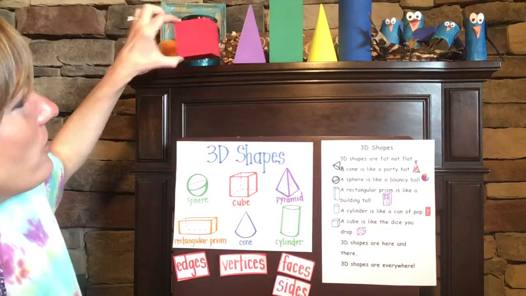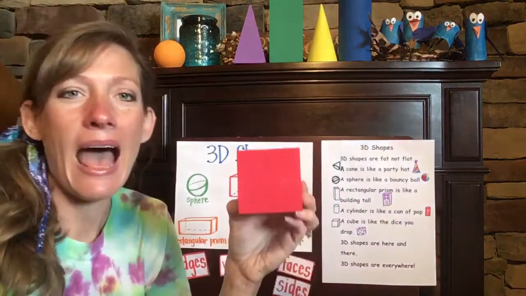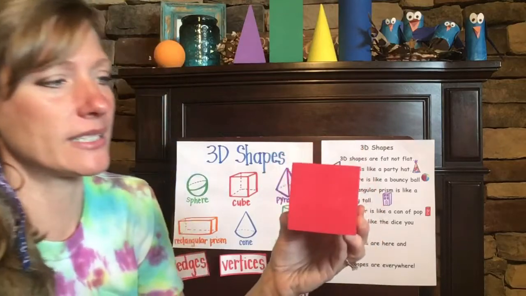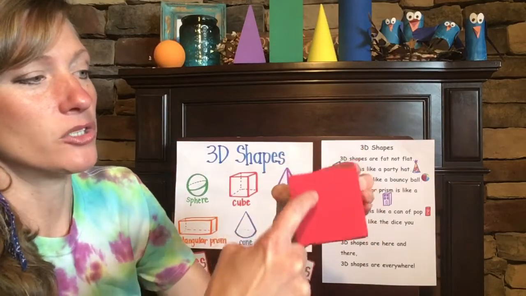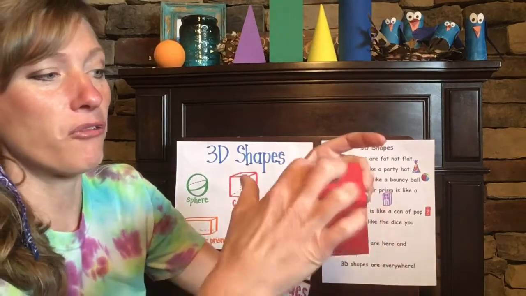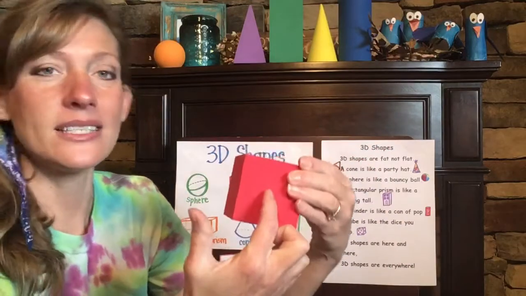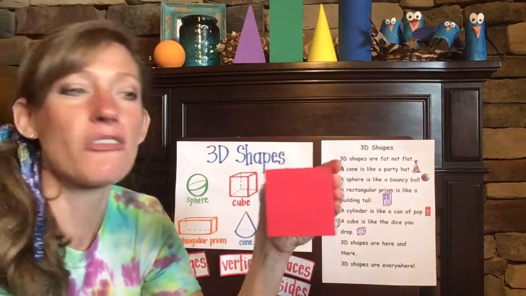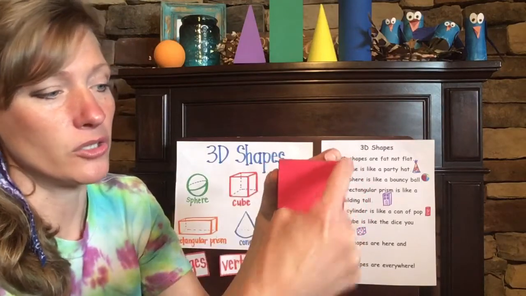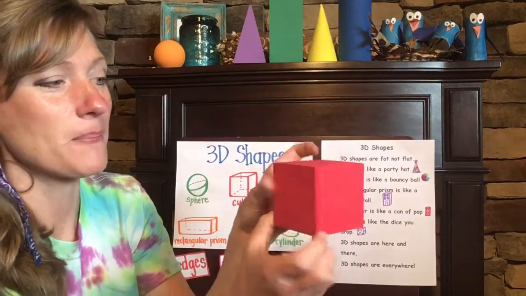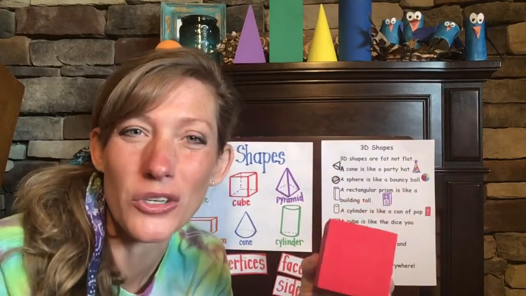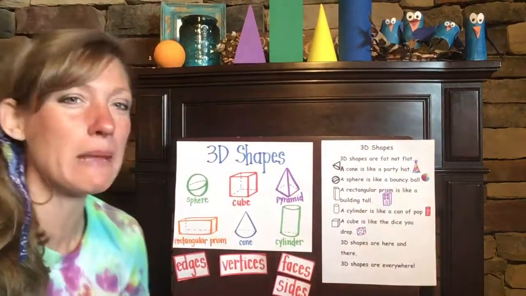So here's a cube. Let's grab another 3D shape. How many faces or sides are on a cube? Let's count them. We've got 1, 2, 3, 4, 5, 6. It has 6 faces or 6 sides. Let's count the vertices. 1, 2, 3, 4, 5, 6, 7, 8. It's got 8 corners or 8 vertices, 8 points.